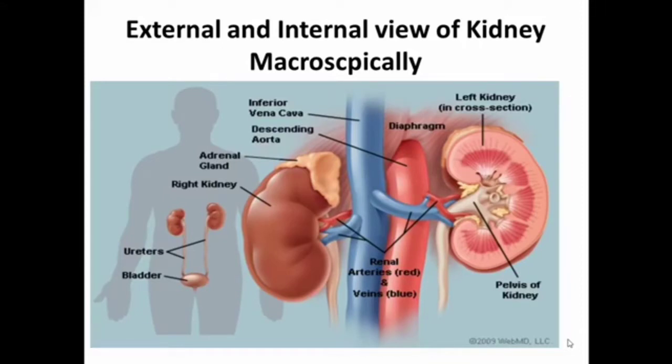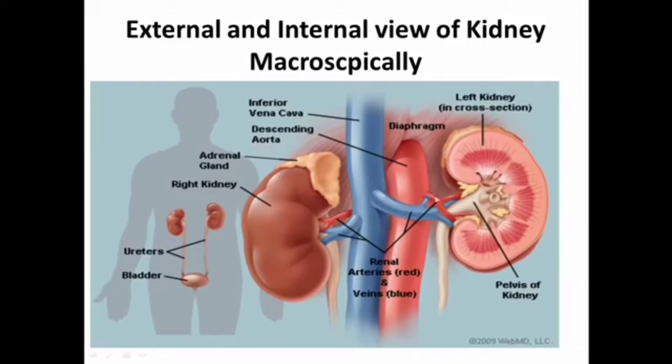And this kidney is covered by a connective tissue capsule, and this capsule is thin but tough. There is a depression on the medial side here, and this depression is called the hilum of the kidney. In the hilum, you can see the renal arteries entering the kidney, and the renal vein and the ureter leave the organ.